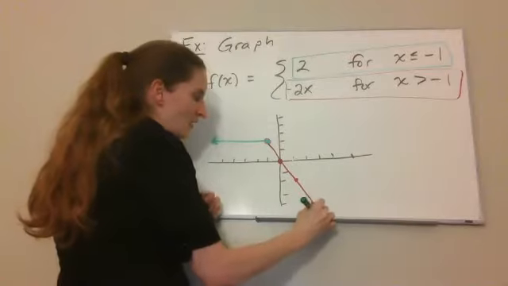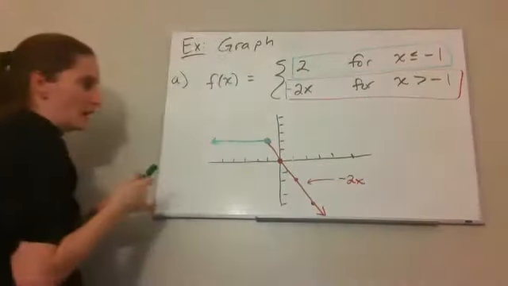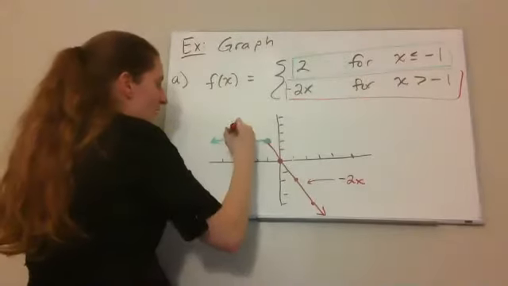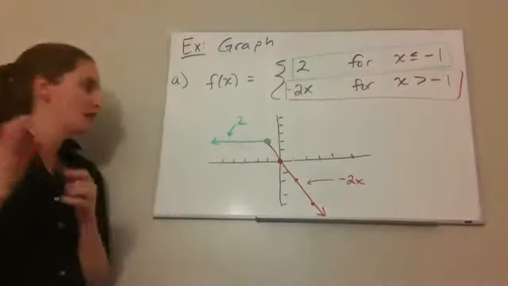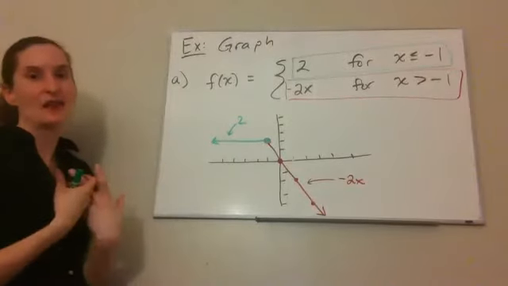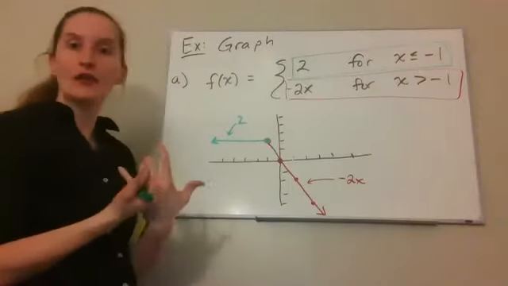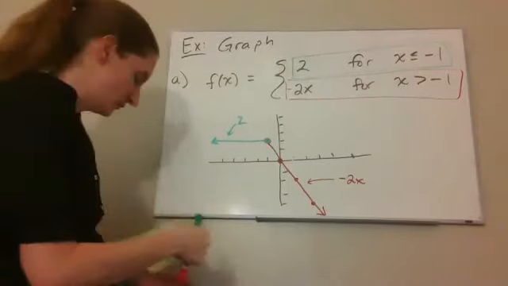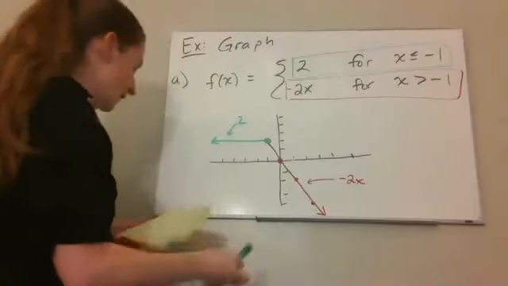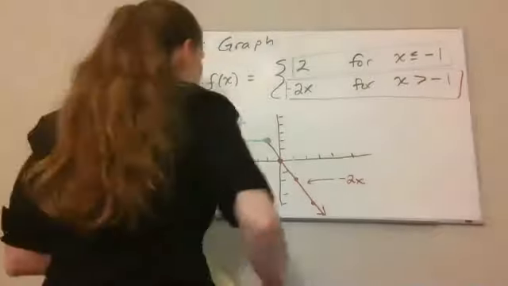And there is the -2x piece. So -2x is in red, 2 is in green. And really, the graph of the whole function is both of these pieces together. So imagine it all graphed in just one color, and that would be the graph of this piecewise function. Let's do another one that's a little bit more complicated, still not too terrible.